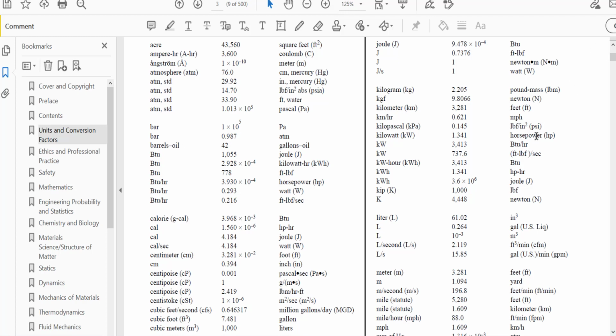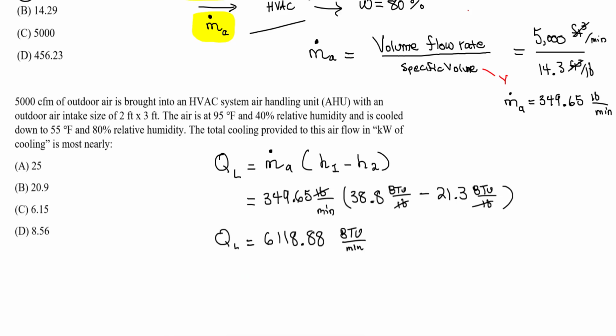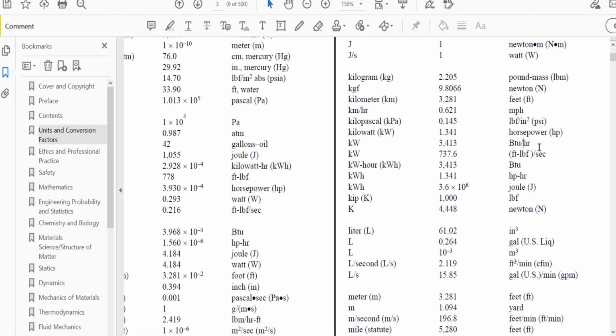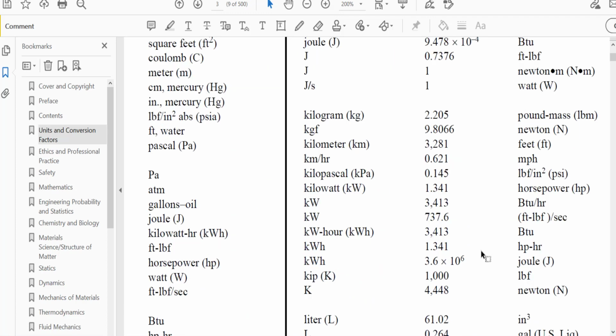So what we have to do here is convert the BTU per minute, which is what we got from our answer here, to BTU per hour. Then we can go from BTU per hour to kilowatts by dividing by 3,413. We multiply to go this way, so we have to go backwards in this case to go from BTU per hour to kilowatts.